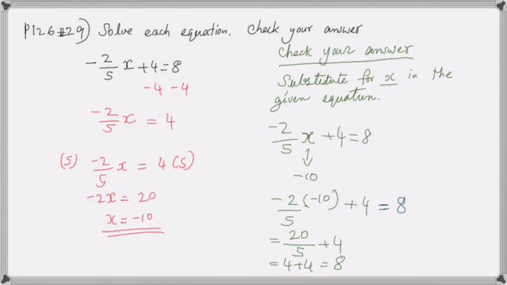On the left hand side, if you solve this, you'll get 20 divided by 5 plus 4, again equals 8. On the left hand side you'll get 4 plus 4 is 8. And on the right hand side you have 8 already.